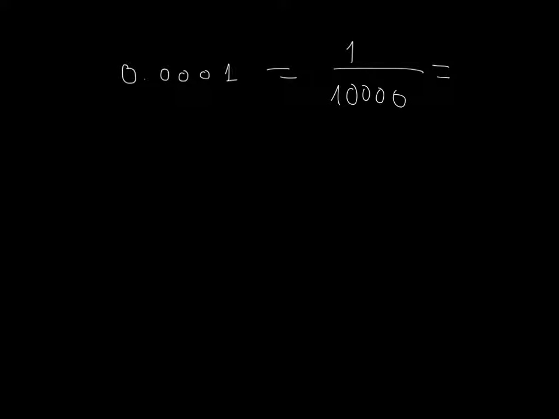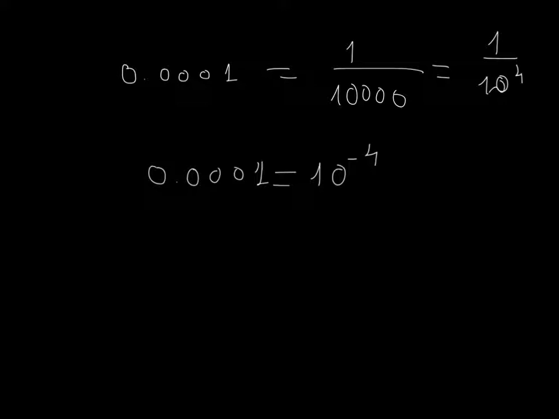But again, that's too much work. So instead of 10,000, I'm going to write 1, 2, 3, 4 zeros. I'm going to write 1 over 10 to the 4. But now that we're cooler than that, we know that 1 over something is just the same as saying 10 to the minus 4. So really 0.0001 is just 10 to the minus 4.